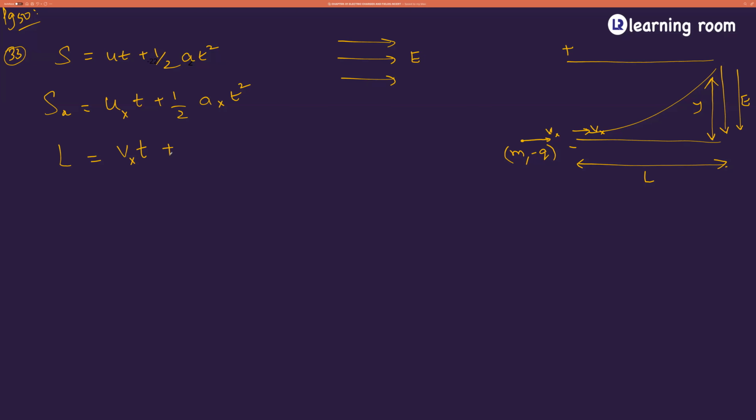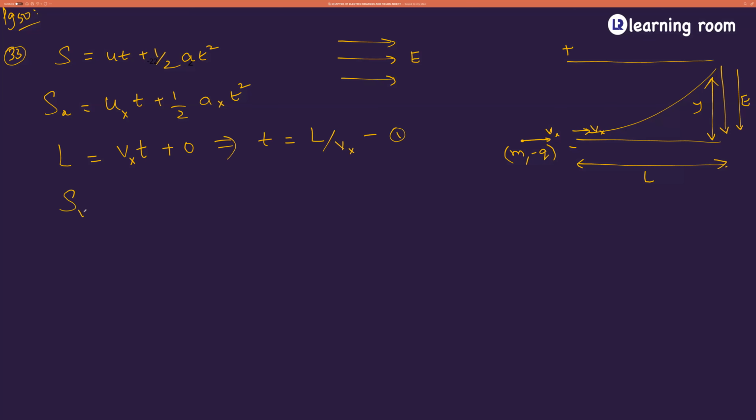In all other directions, the force experienced is going to be zero. When force is zero, acceleration is also zero. So the electric field is confined to which direction? X direction or y direction? Y direction. So the acceleration along the x direction is going to be zero, right? So from this, can I say t is equal to L divided by Vx? Let me call this 1.